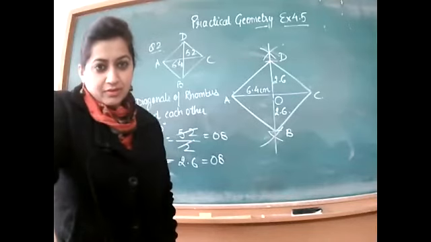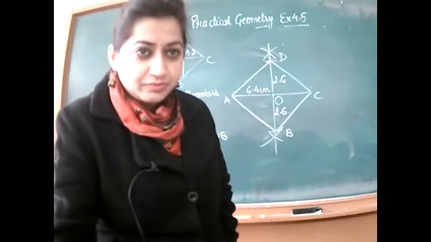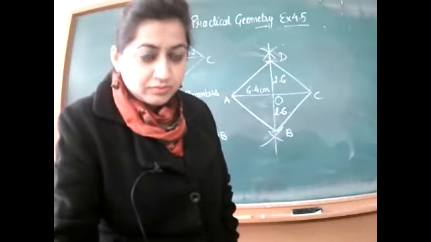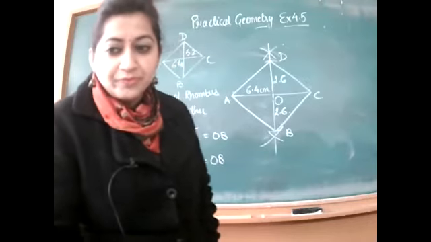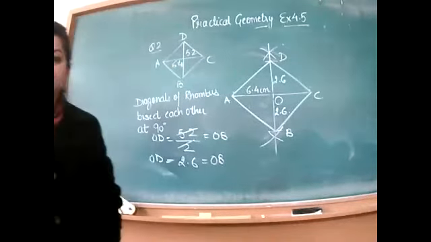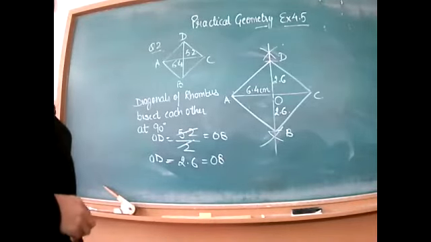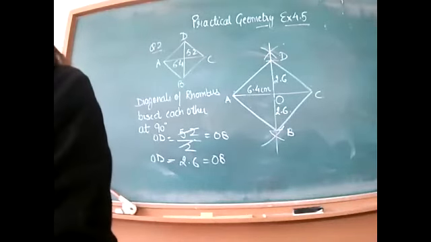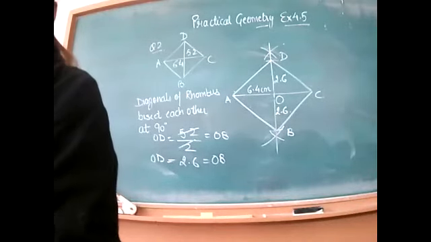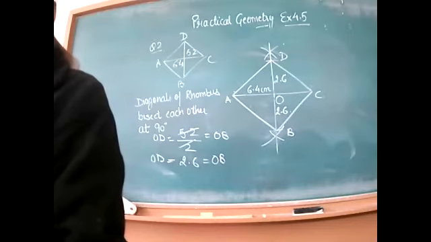Okay, ma'am. Yes, ma'am. Yes, repeat once again, Anjani. Draw AC 6.4 centimeter. Then draw a perpendicular bisector of AC at E. Draw the perpendicular bisector of AC, that's all, with the help of the compass.